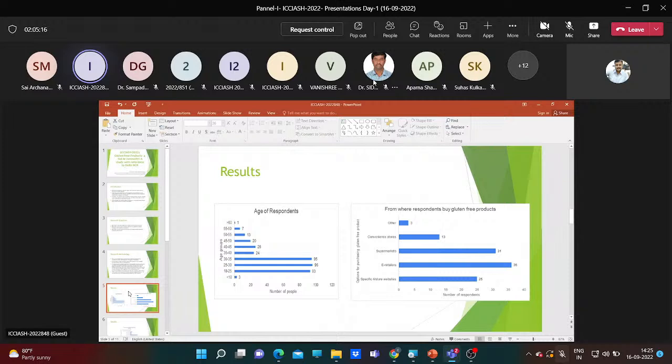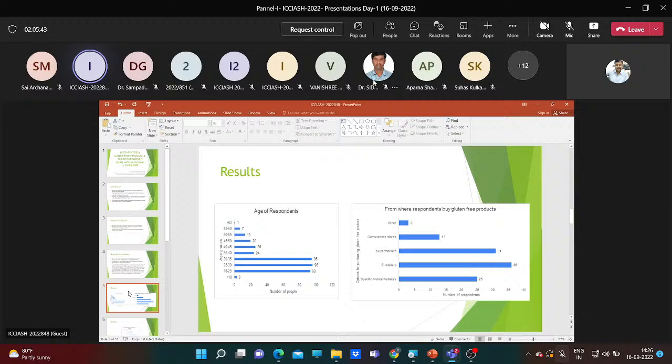We analyzed the respondent profile, and a Pearson chi-square test was conducted between the age of the respondent and how they buy gluten-free products, which came out to be insignificant. This shows that the age of the consumer does not determine the purchase of gluten-free products.